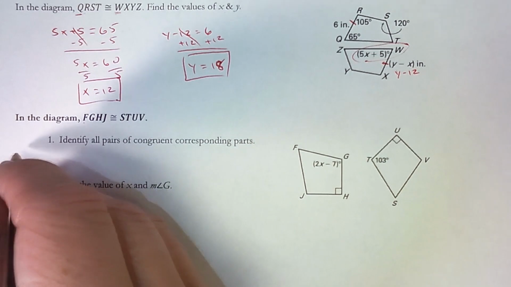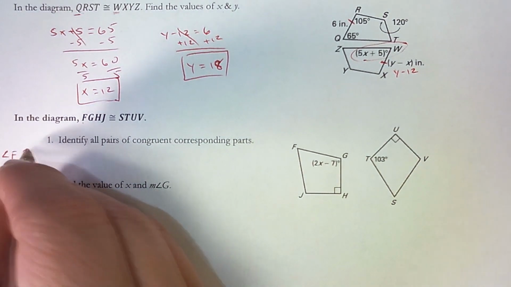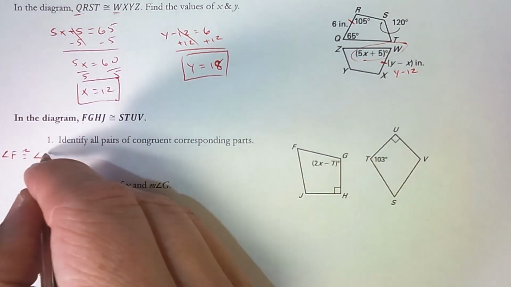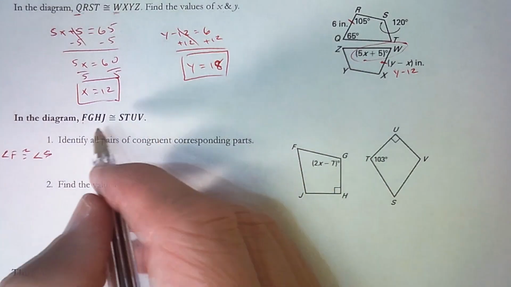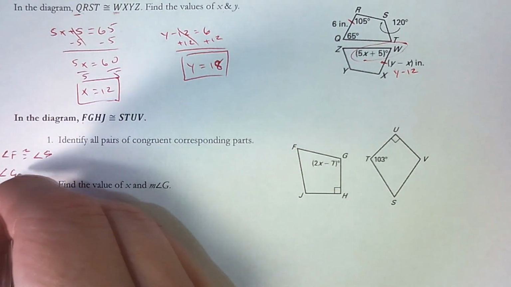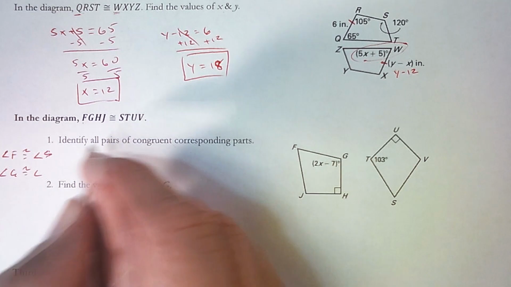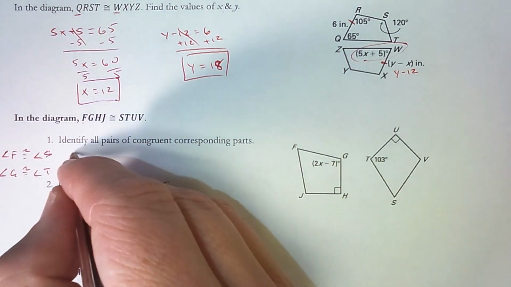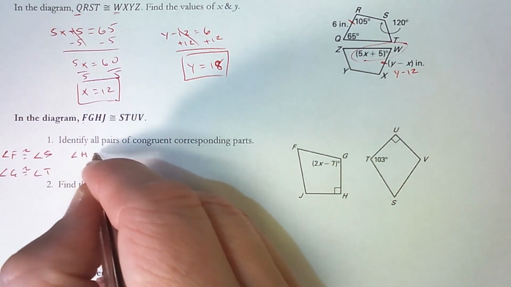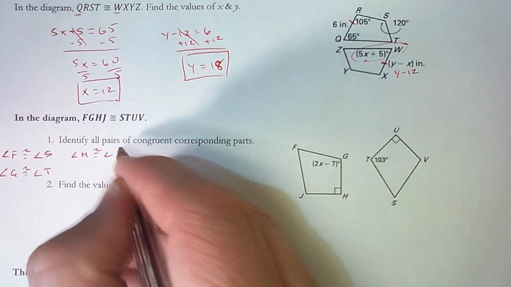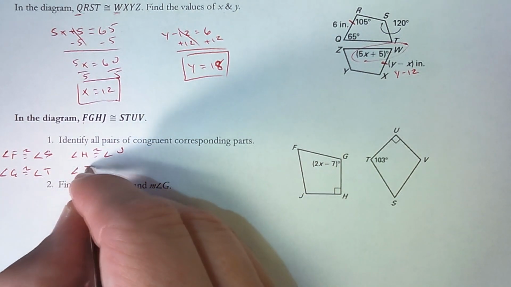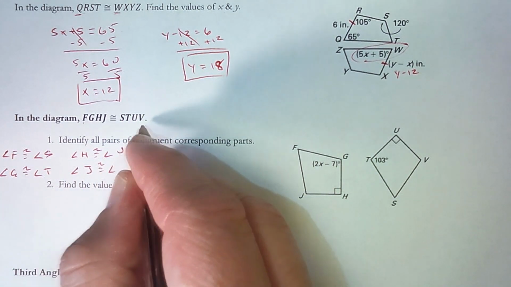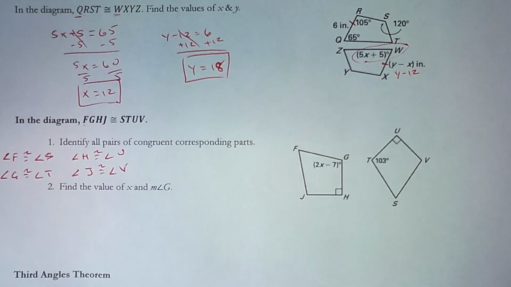I know that angle F is congruent to angle S. And then my second letter, angle G, is congruent to angle T. And angle H is congruent to angle U. Angle J is congruent to angle V.